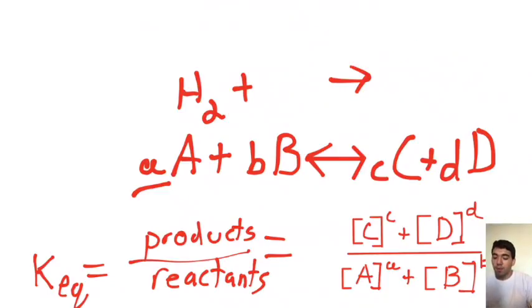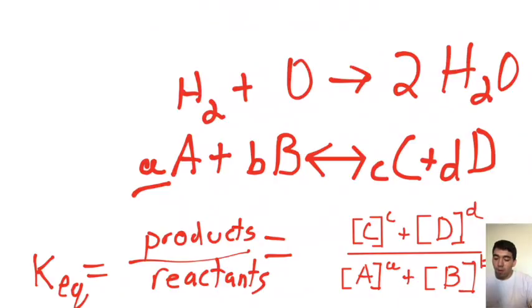We can balance this by putting a 2 in front of the H2O. Now we have 2 oxygens, but 4 total, because 2 times the 2 we have here gives us 4. So we'd have to put another 2 in front of the H2. Now we have a balanced equation.